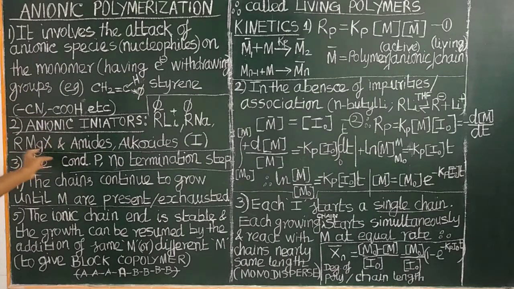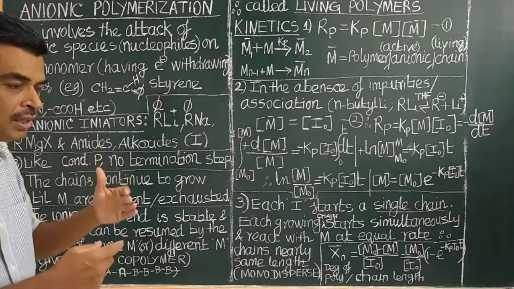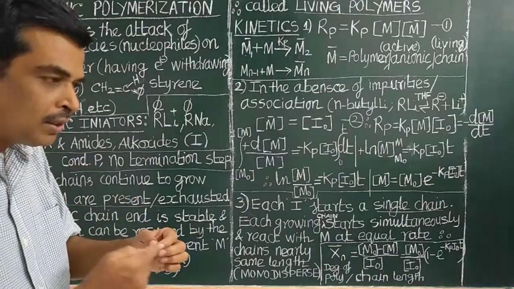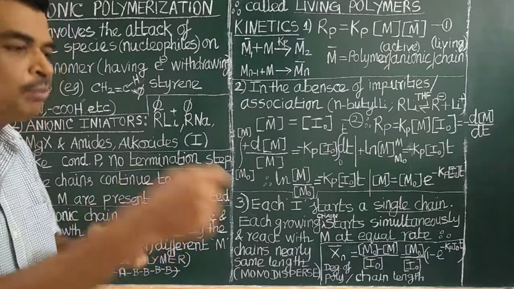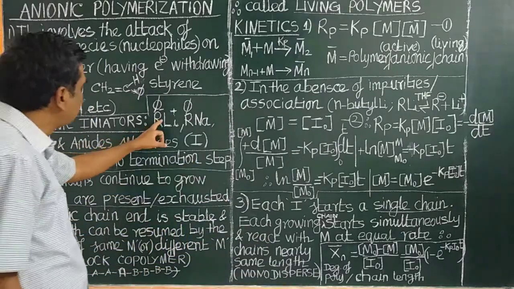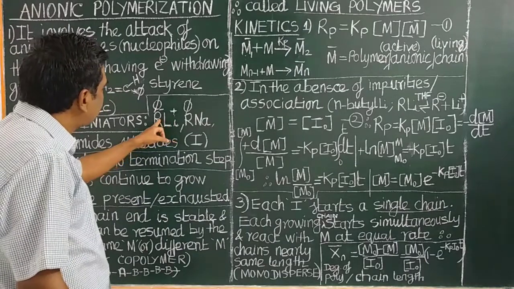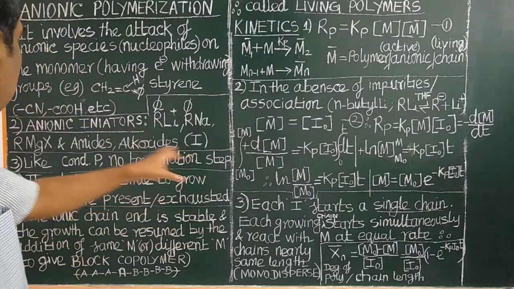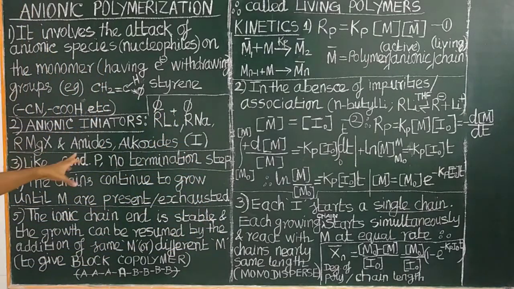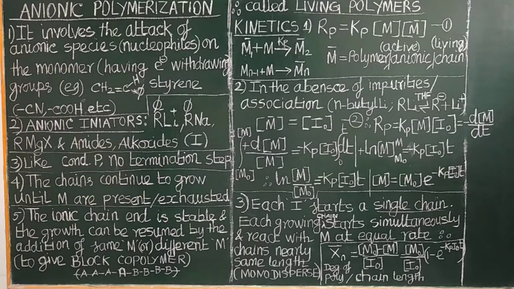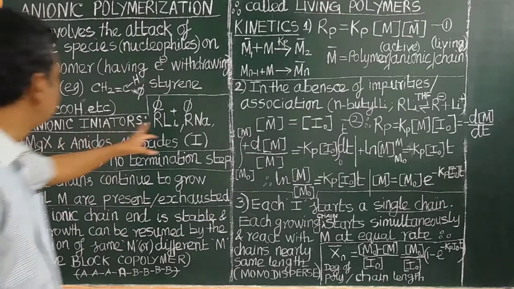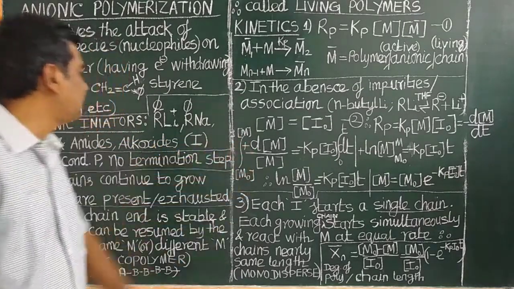These are all organometallic compounds, in which the metal is directly bonded to carbon. Basic amines and alkoxides are also used as anionic initiators. They are represented by I.